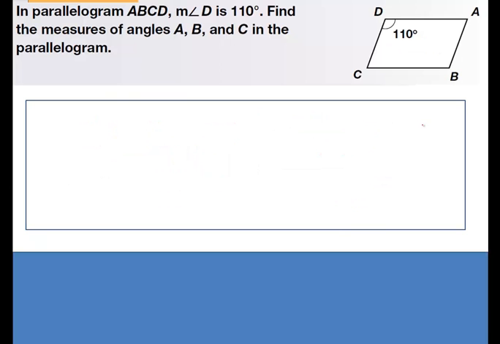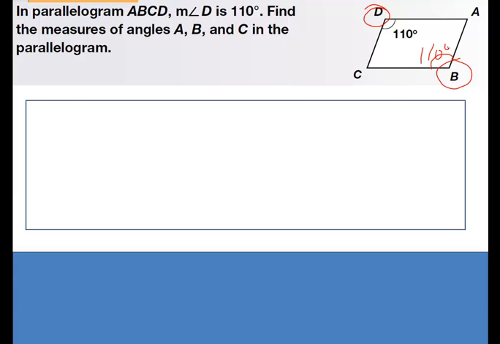In this parallelogram ABCD to the right, angle D is 110 degrees. It wants you to find the other three angles. Remember, as with a rectangle, D and B are going to be exactly the same, so this one here is going to be 110 degrees.